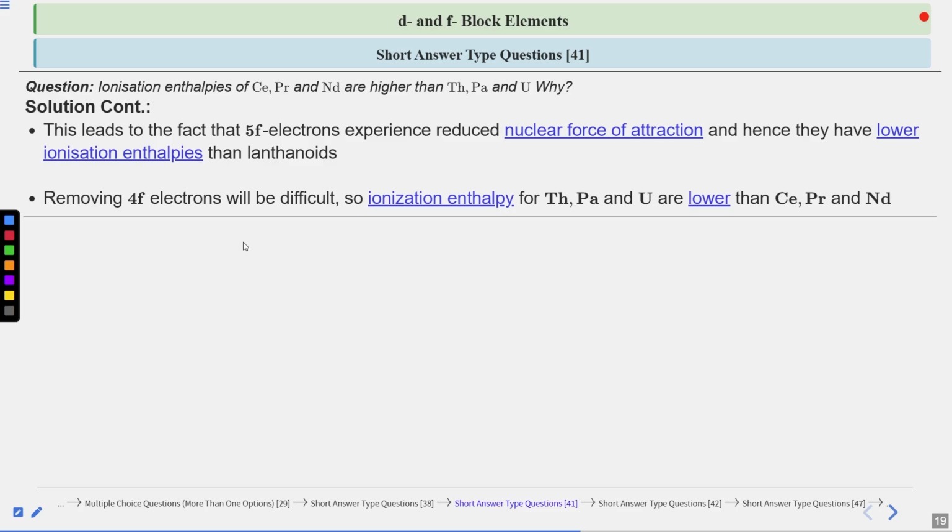So they show the lower ionization enthalpy. So actinoids show lower ionization enthalpy, and the lanthanoids show the higher ionization enthalpy. So that's the correct reason.